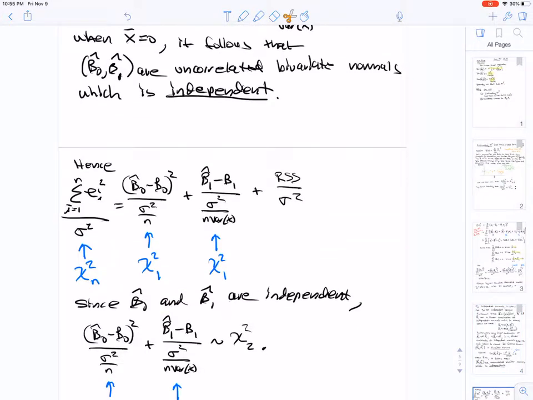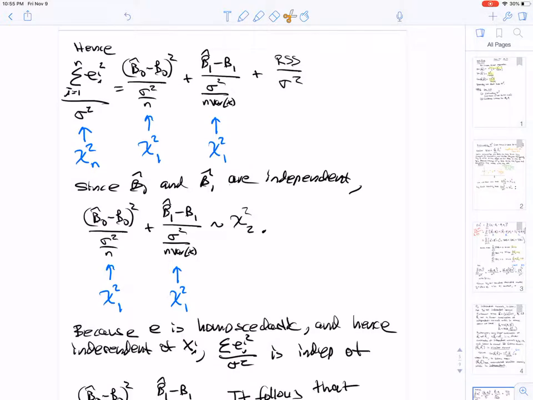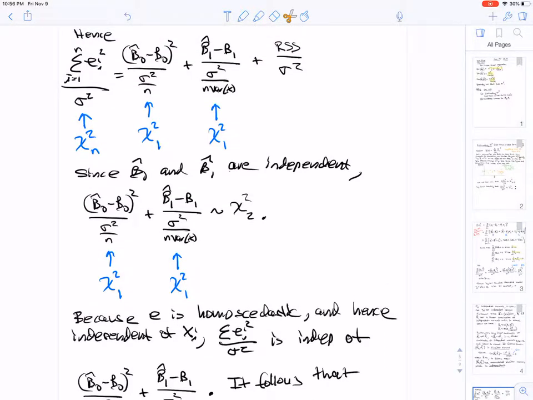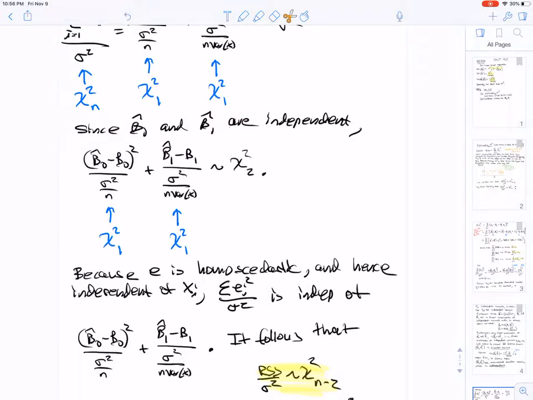Hence the first two terms on the right-hand side of the equal sign are independent chi-squared with 1 degree of freedom. Hence their sum is chi-squared with 2 degrees of freedom. And furthermore, because the error terms, the ei's, are homoscedastic and hence independent of the xi's, the sum of the ei squared over sigma squared is independent of the first two terms.